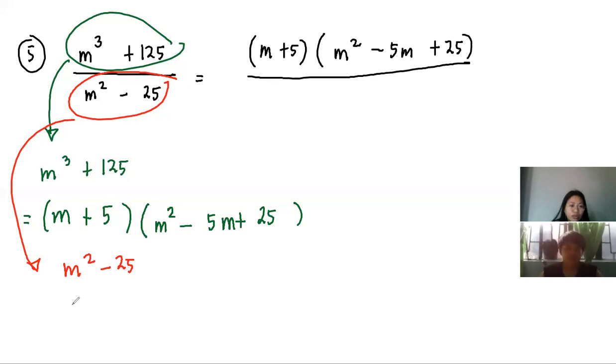We are going to m squared minus 5m plus 25.